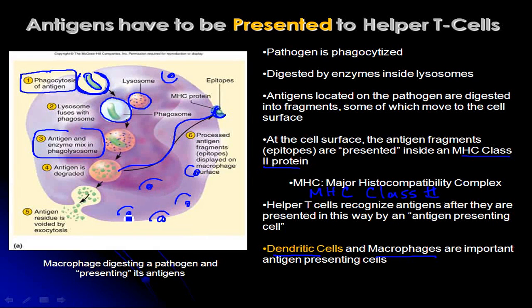And those MHC class II proteins are going to be displaying many different types of antigenic epitopes that this particular macrophage has been exposed to. It might have swallowed not only that type of bacterium that day, it might have swallowed other things as well, but it's going to be displaying pieces of the things it has engulfed all over its surface to try to activate helper T cells.